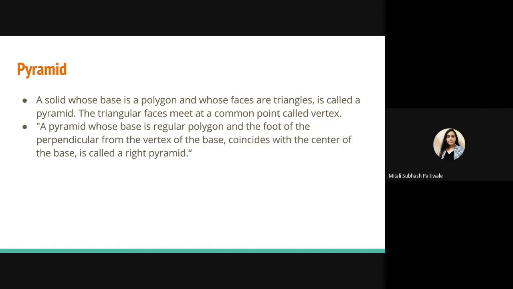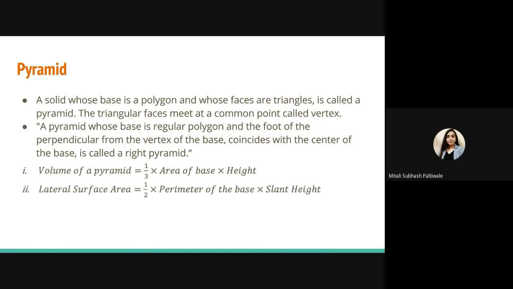A pyramid has a base as a regular polygon, that could be a square or a rectangle. If the foot of the perpendicular from the vertex coincides with the center of the base, it is called a right pyramid. Now, volume of a pyramid will be equal to 1 by 3 into area of base into height. Lateral surface area would be half of perimeter of base into slant height.